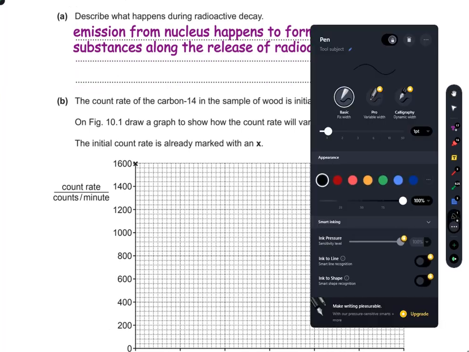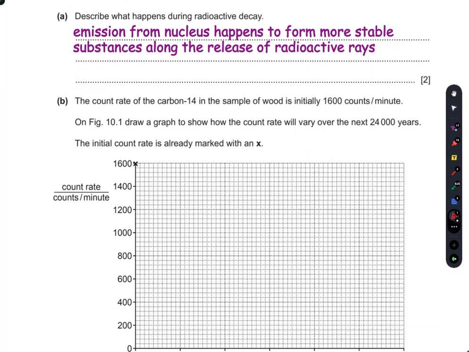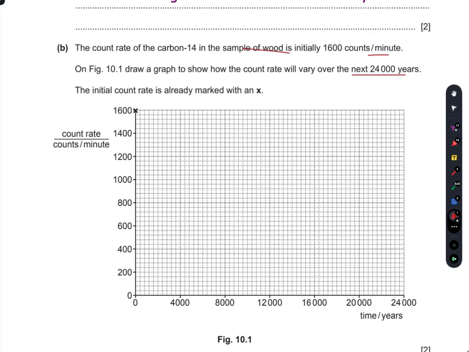The count rate of the carbon 14 in the sample of wood is initially 1600 counts per minute. On figure 10.1, draw a diagram to show how the count rate will vary over the next 24,000 years.